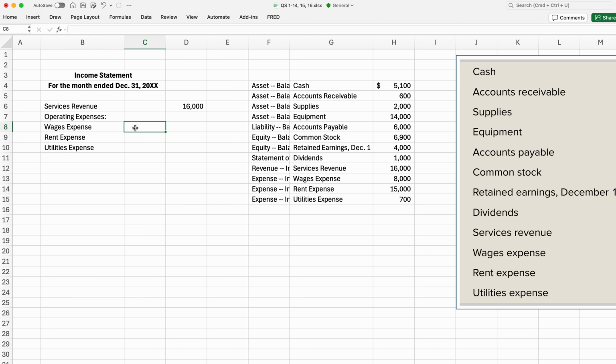Now, wages expense was $8,000. Rent expense, the $15,000, and finally utilities, $700. And we will total those up. And I'll total them up right here.